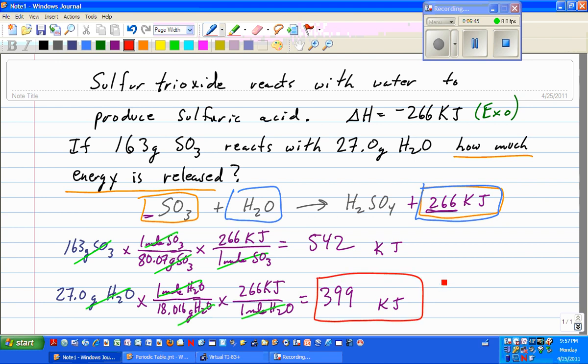This is the amount of energy produced or released. Just like with the other stoichiometry problems, this is my limiting reactant. I'm not asked for it, but I'm going to go ahead and label it anyway. And this is the amount of energy released. It's the lesser of the two amounts because I'm going to run out of water before I can release any more energy, just like we did with stoichiometry.